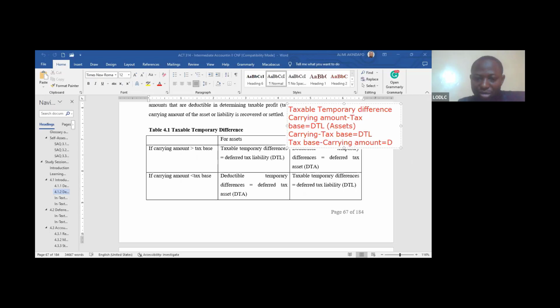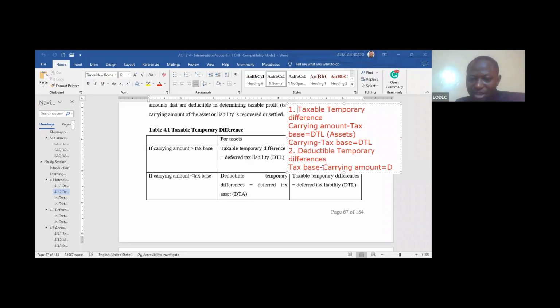So for deductible temporary differences on the asset side, the tax base will be greater than the carrying amount to give us our deferred tax assets.